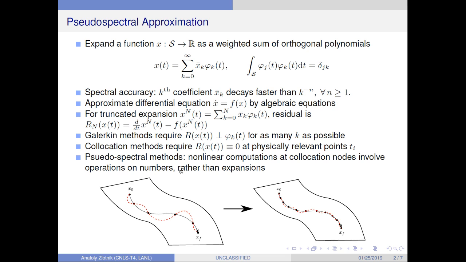And the idea is that given an approximation of a continuous trajectory by a polynomial interpolation on a set of collocation points, increasing the order of polynomial approximation, the discretized approximation of the trajectory is exact at collocation points, and the error will be reduced to zero as the number of approximating points goes to infinity outside of the collocation points.